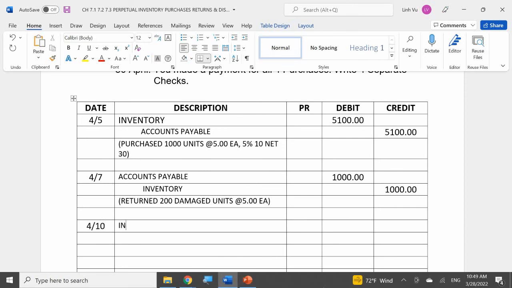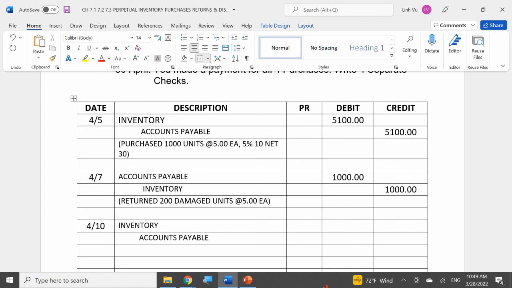Inventory, accounts payable at 4,387.50. Okay, good.